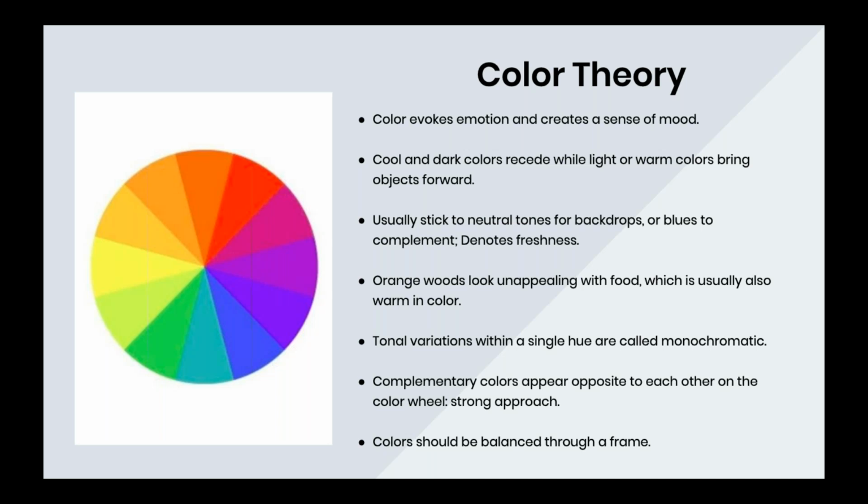One of the things that you might notice sometimes is some woods that look quite orange, and this is probably a bit more of my opinion, but I think it tends to look unappealing with food. To me, you have the warm food and then you have the orangey kind of woods, and the whole image feels quite warm, and it gives me a little bit of a dated feeling, like food photography used to look in the 80s or the 90s.